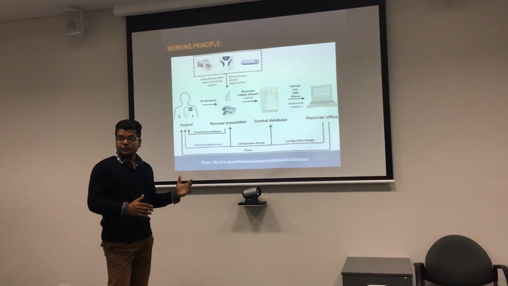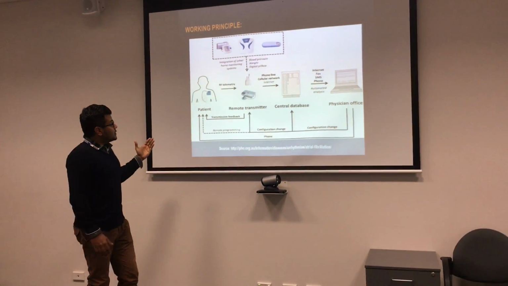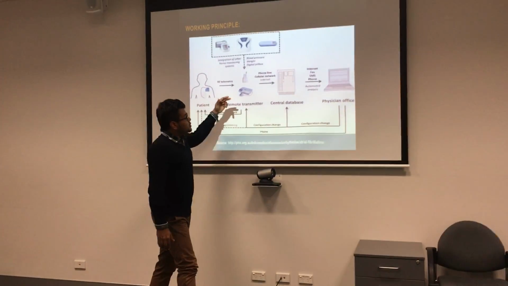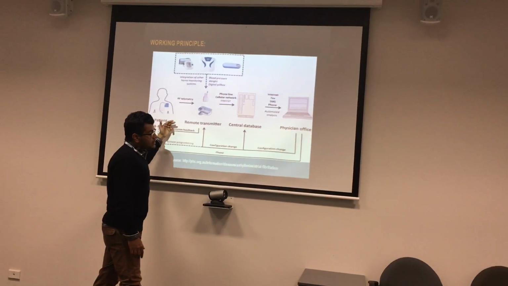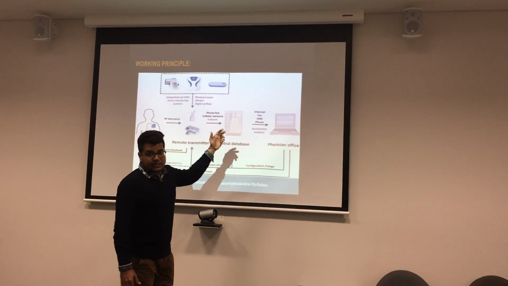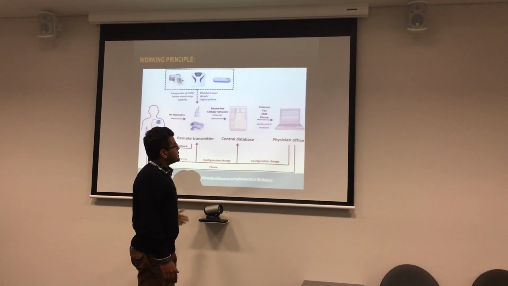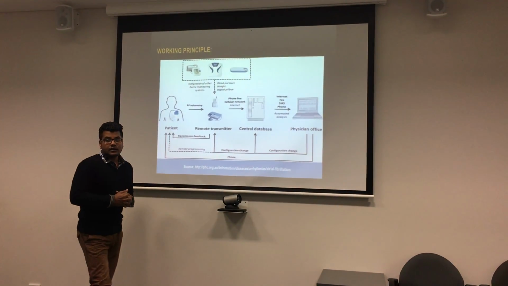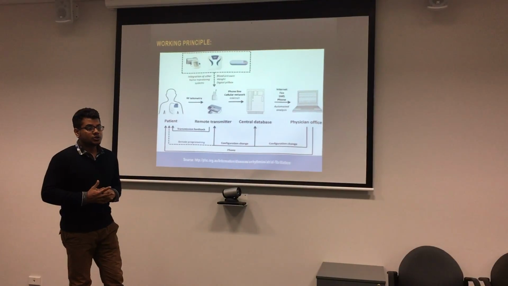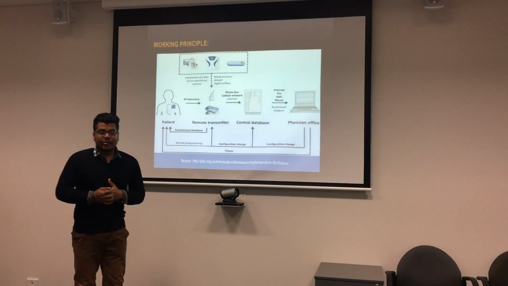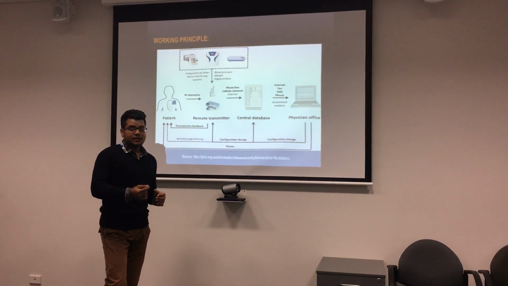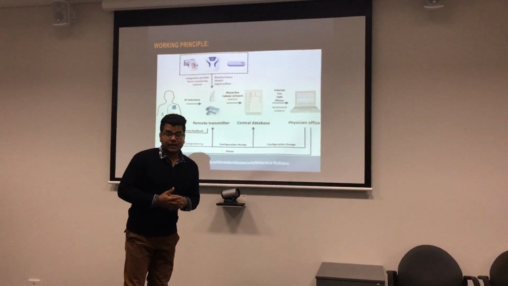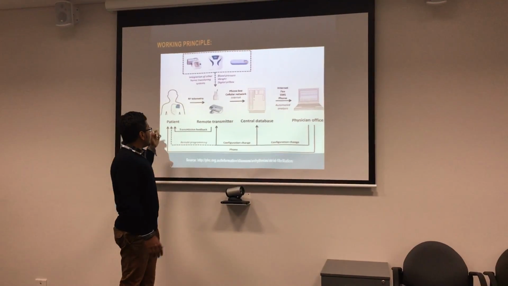If something is happening with their health, the system sends the data to a central database, and from the central database, through Wi-Fi or wireless connections, it is sent to the physician's office. There, doctors or nurses can see the results and recommend some medicines or something else, or they can call the patients, and they will send the data to the patients again.